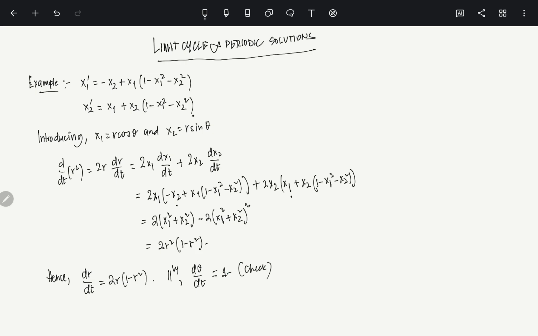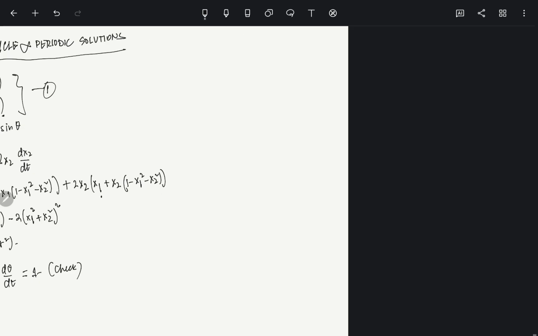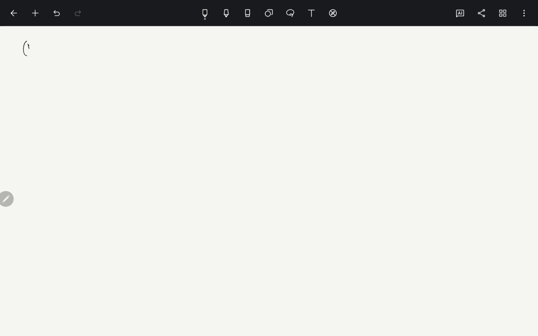Now if we look at the system we started out with, system 1 is equivalent to this system: dr/dt equals r times (1 minus r square), and d theta/dt equals 1.